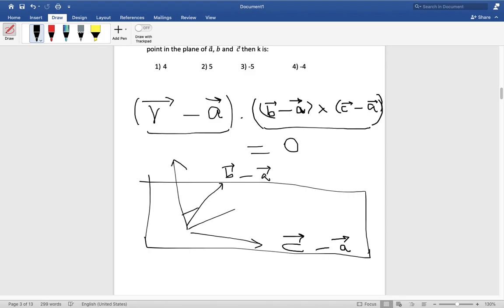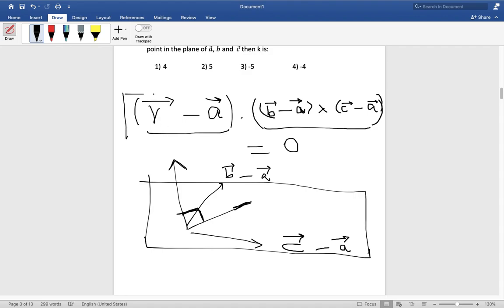So if you have any vector r for the plane, r minus a will lie on this plane, just like b minus a and c minus a are the vectors lying on this plane. When you take the dot product of r minus a with the normal, since the angle between them is 90 degrees, the dot product will be 0.